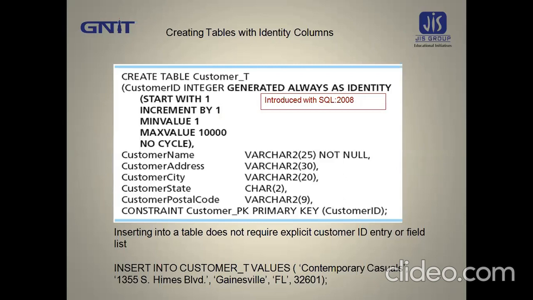This will start with 1, and we can increment these values by 1, minimum value 1 and maximum value 10,000, and no cycle. So the value will start with 1, and all the other values, they will be incremented. The customer ID will be incremented by 1, and maximum 10,000 is the upper limit for customer ID.